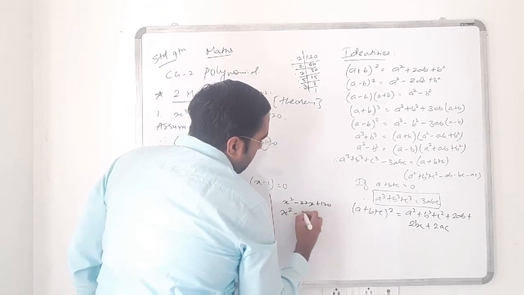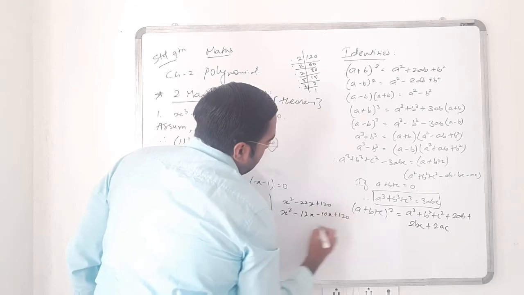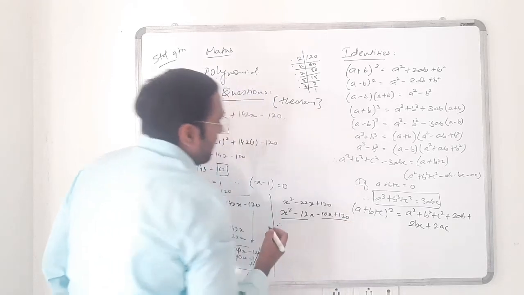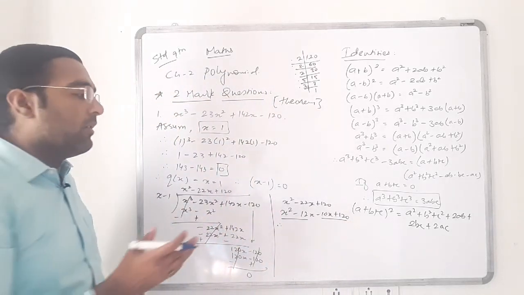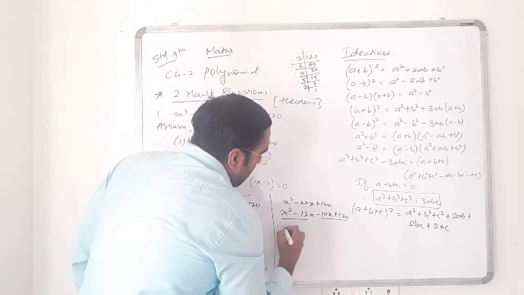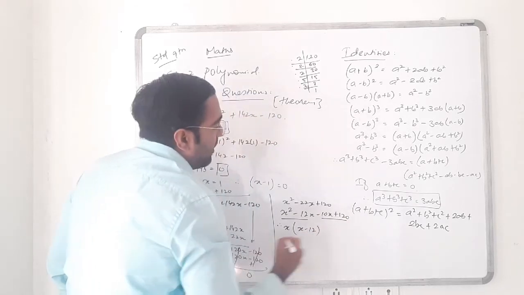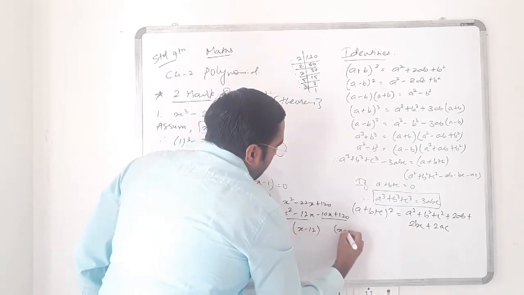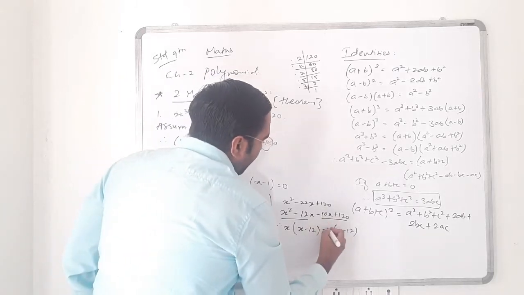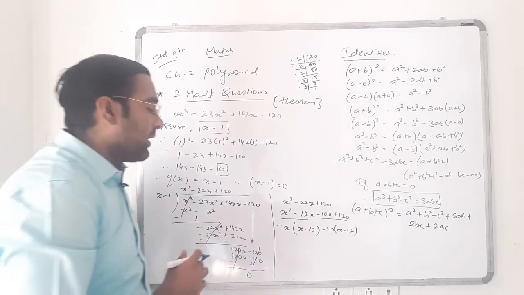So x square minus 12x minus 10x plus 120. Therefore we split it into the first two terms and the second two terms. In the first two terms I'll take x common, and the remaining is x minus 12, and take the same bracket here, that is x minus 12. Here the common number is minus 10.